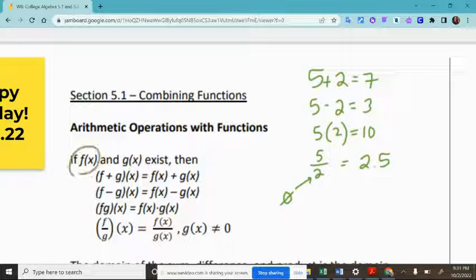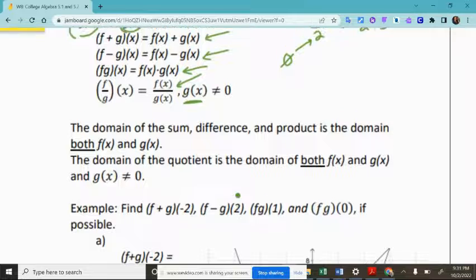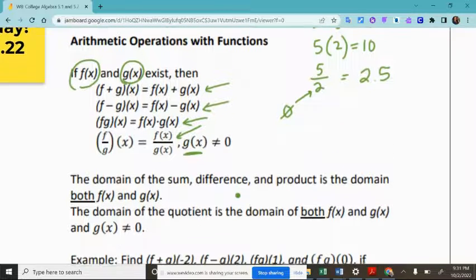If we know that a function f exists and another function g exists, we can add those functions, subtract them, multiply them, and divide them as long as the denominator function is not equal to 0. That will put some restrictions on our domain, because we can't divide by 0.